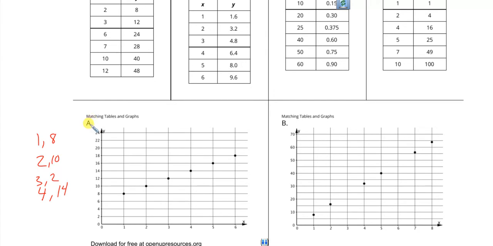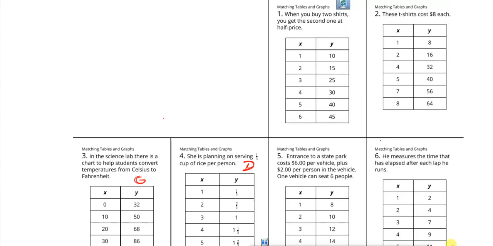This was graph A, and you notice that on the previous page you have that same pattern going, in the graph labeled right here: 1, 8, 2, 10, 3, 12, the state pork cost. So that matches up with A.